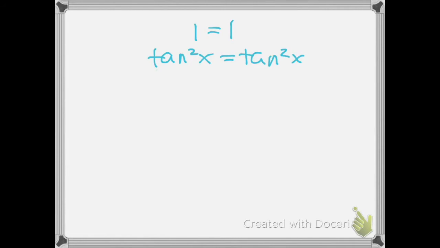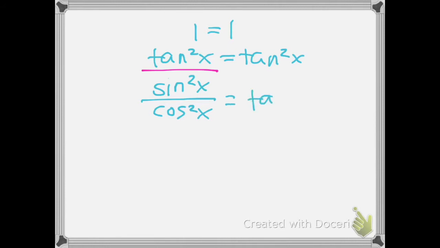Now, looking on the left side, tan squared x can be changed to sine squared x over cos squared x, which is a quotient identity. And a quotient identity is an identity that defines the relations for tangent and cotangent in terms of sine and cosine.